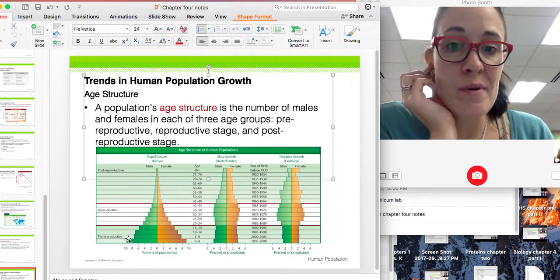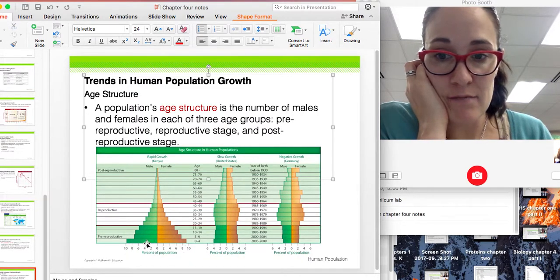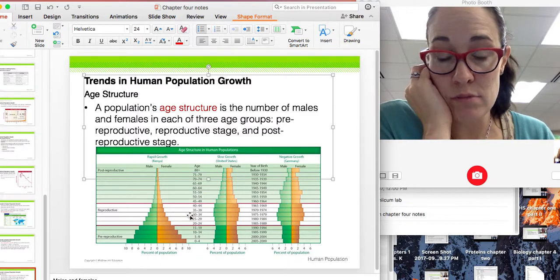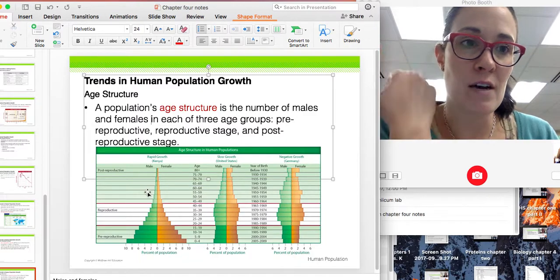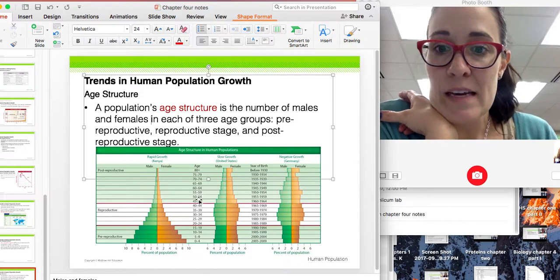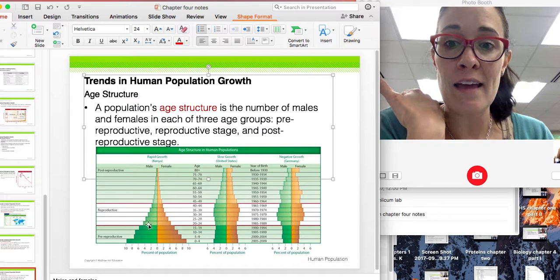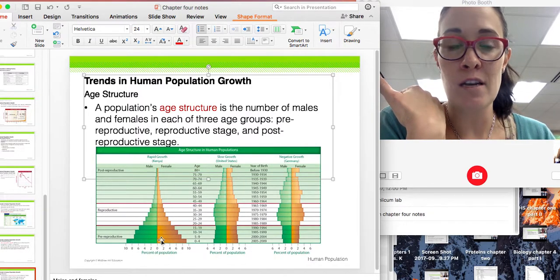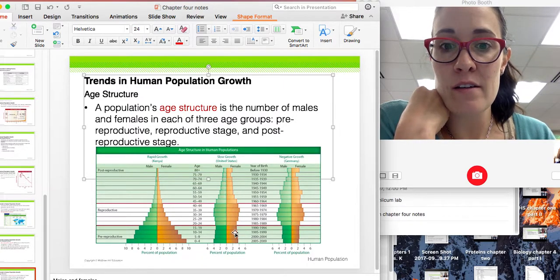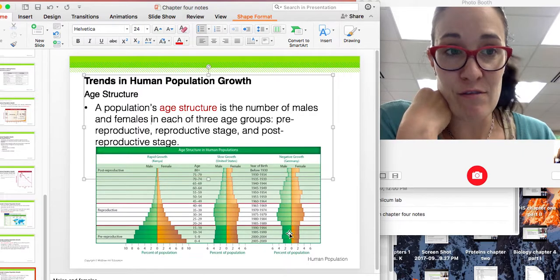So this would be the pre-reproductive stage, so these individuals don't reproduce, or very minimally. The reproductive age, okay, capable of making more humans. And post-reproductive, women have gone through menopause, so they can't produce any more children. And it's interesting, Kenya is predicted to show rapid growth. Why? Look at all the numbers of individuals, males and females, in the pre-reproductive area compared to the United States, which is slow growth, and Germany, which is negative growth.